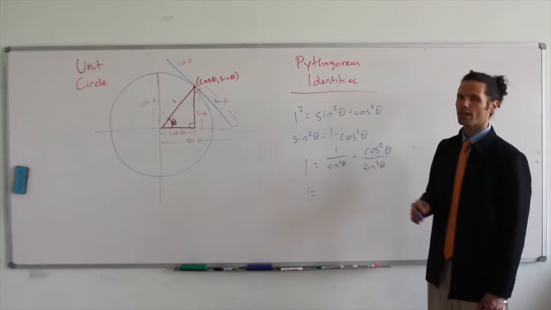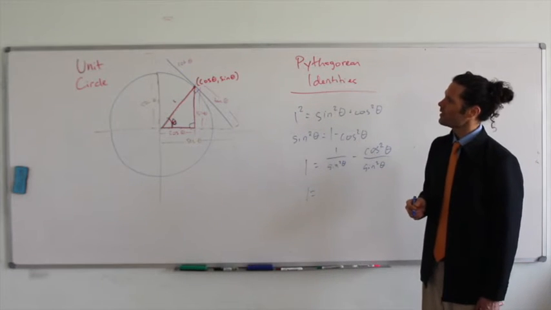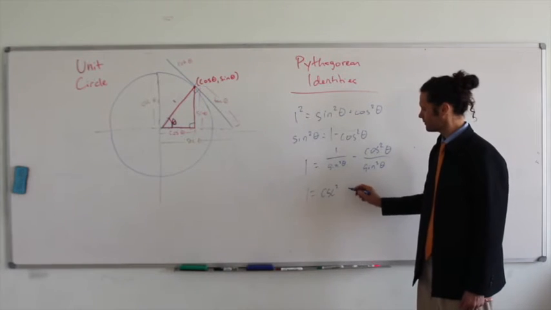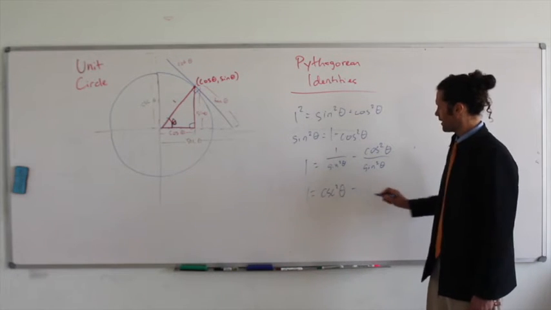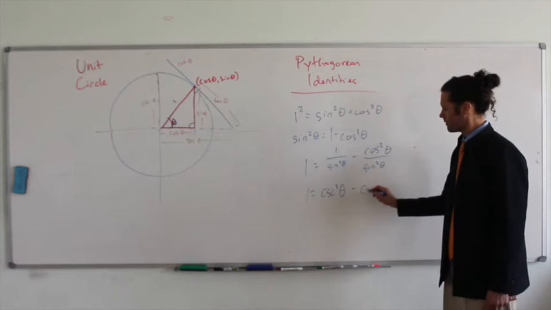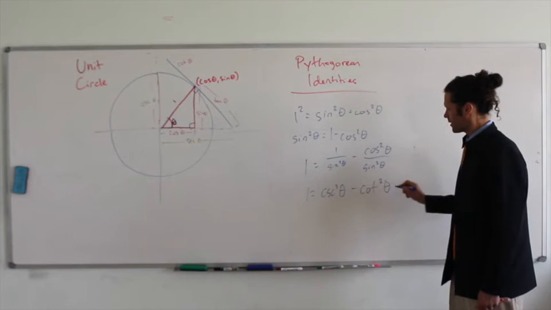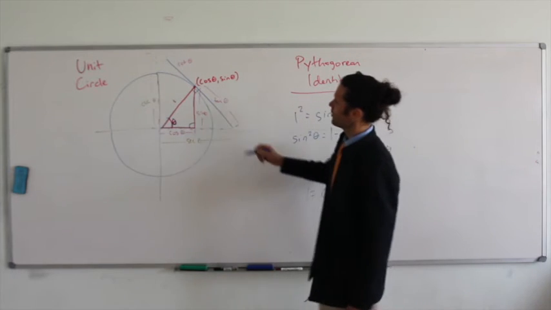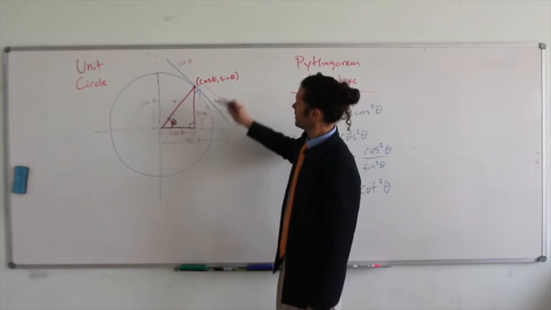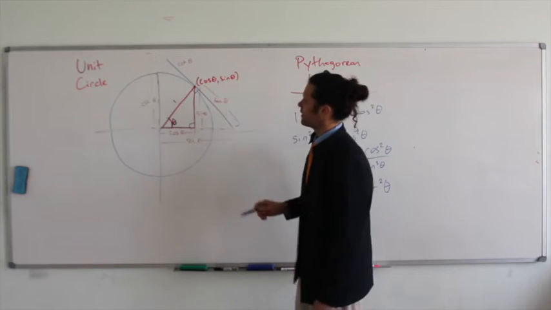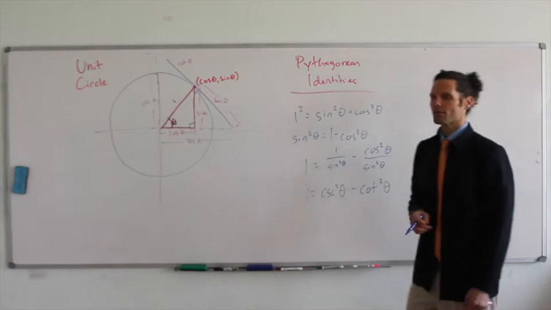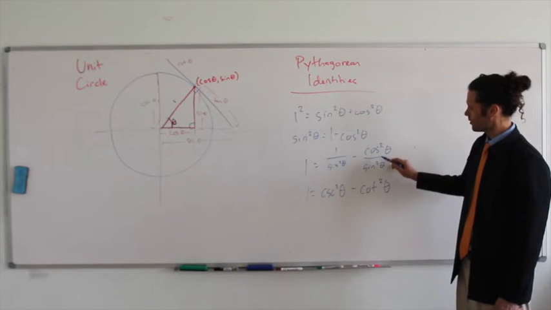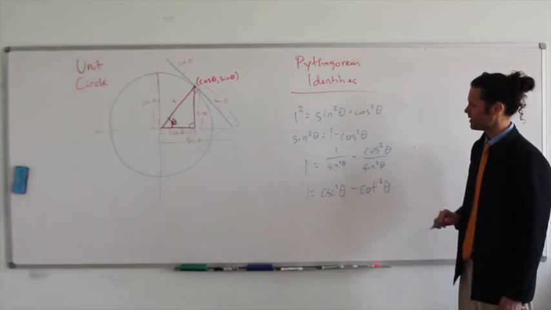So 1 over sine is cosecant, so this is cosecant squared theta minus cotangent squared theta. If tangent is sine over cosine, or opposite over adjacent, then the reciprocal is cosine over sine. And in order to deal with this squared, we'll just make cotangent squared.